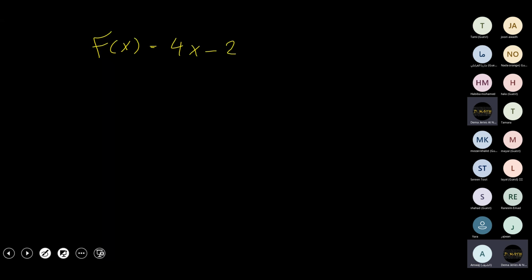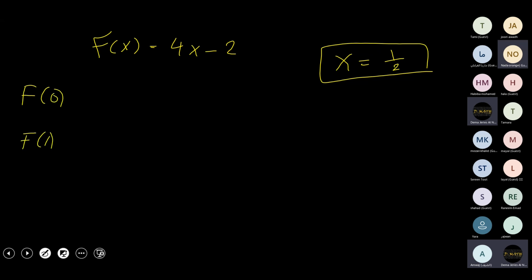Now, we found that the zero of the function is when x equals half. What does it mean when x equals half? This is a 0 of the function. That means if I try to find f of 0 or f of 1 or f of half.